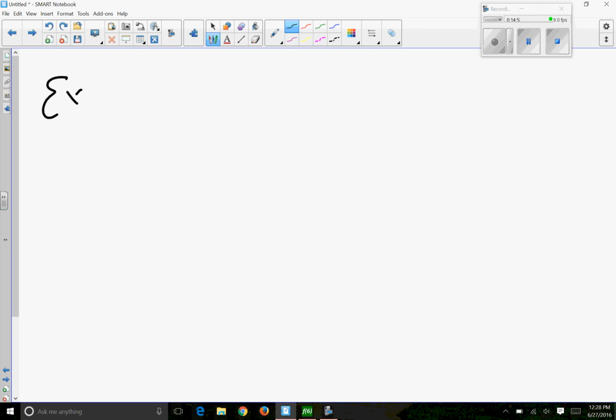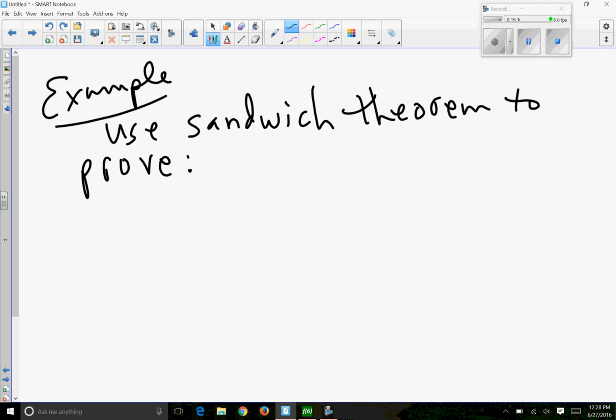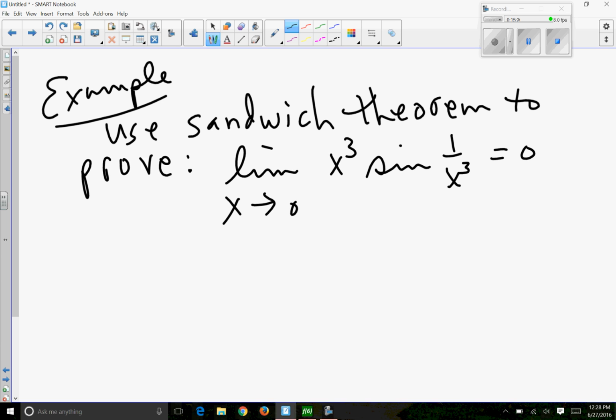Example, we're going to use the sandwich theorem to prove that the limit of x cubed times the sine of 1 over x cubed as x approaches 0 is equal to 0.